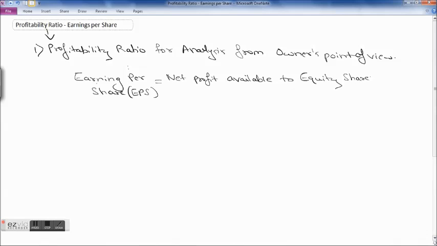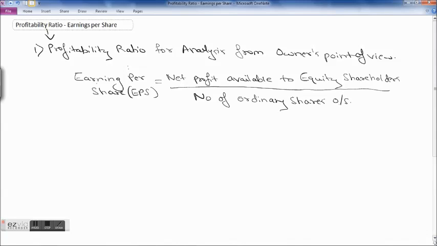Earning per share is calculated for equity shareholders and not for preference shareholders. So net profit available to equity shareholders divided by the number of ordinary shares that are outstanding. Ordinary shares are equity shares that are outstanding.